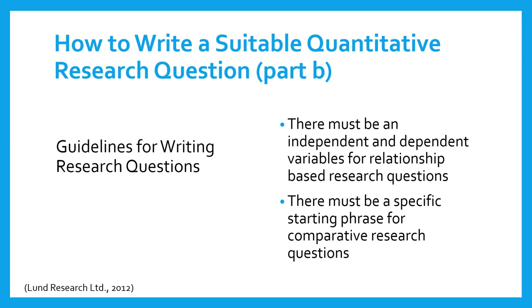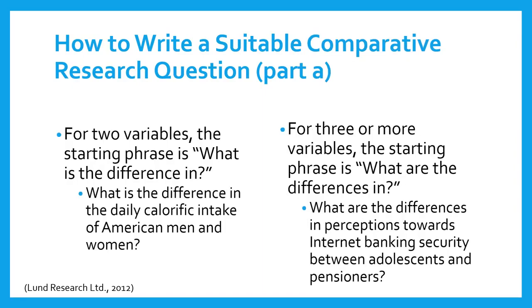There must also be a starting phrase where you write descriptive, comparative, and relationship-based questions. The following are examples of phrases to use for 2, 3, or more variables for comparative research questions. I will let you read them to yourself. Notice the starting phrase and the independent and dependent variables.